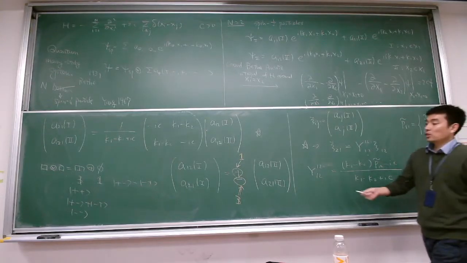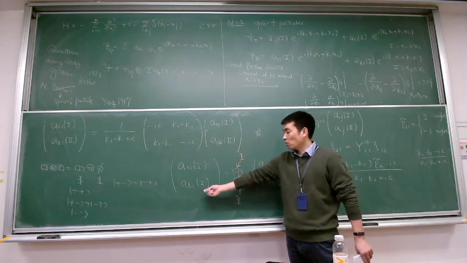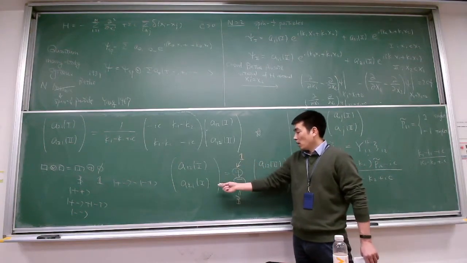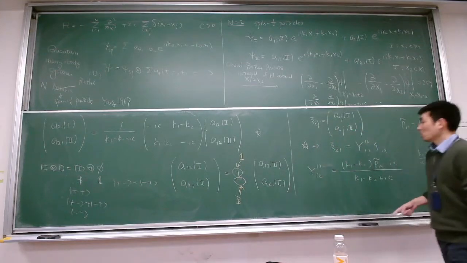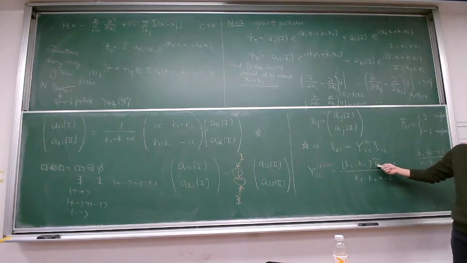However, if you use this boundary condition, A12 in region 1 and region 2 are connected by a minus sign. In fact, if you solve this equation, you get the minus sign here.